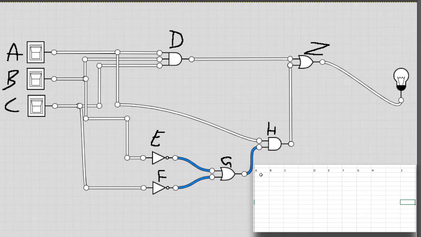Now we're going to first of all add in all of the possible input combinations to our circuit. The amount of possible input combinations to a circuit will be the same as 2 to the power of the amount of inputs. Since we have 3 inputs, that means our amount of possible combinations are 2 to the power of 3, and as we all know, 2 to the power of 3 is 8.